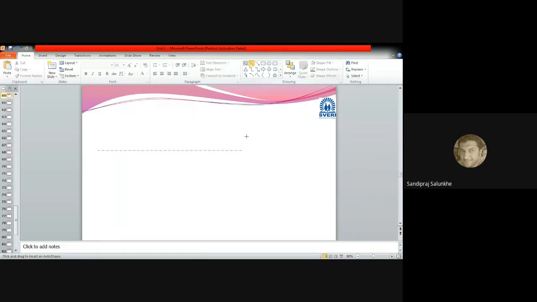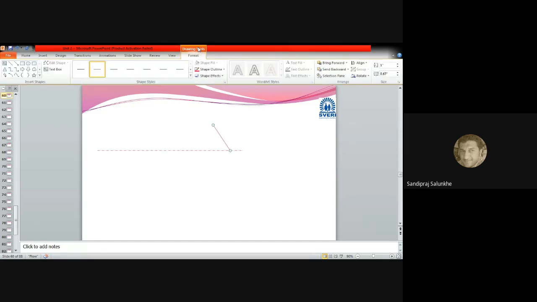Then we'll take this as a crank, and this one as a piston.